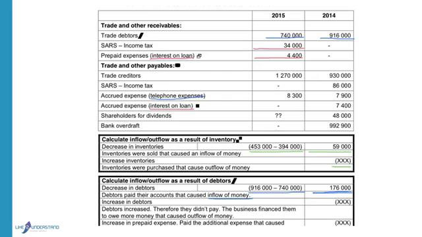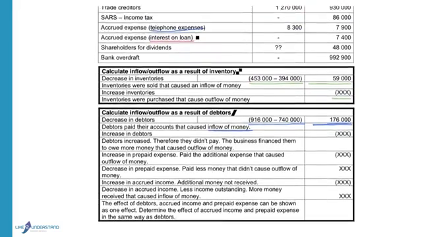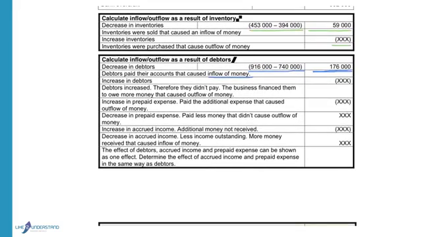We will not take SARS income tax and prepaid expense interest on loan into account because that is shown separately on the face of the cash flow statement. If we just look at all the other entries that can appear under debtors, if you say that prepaid expenses increase, then it means that the business paid additional expenses during the year for the following year, and that caused an outflow of money to pay for these additional expenses, so it will be a negative figure.